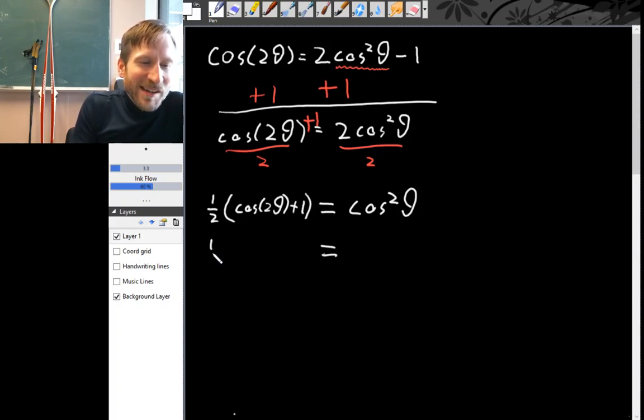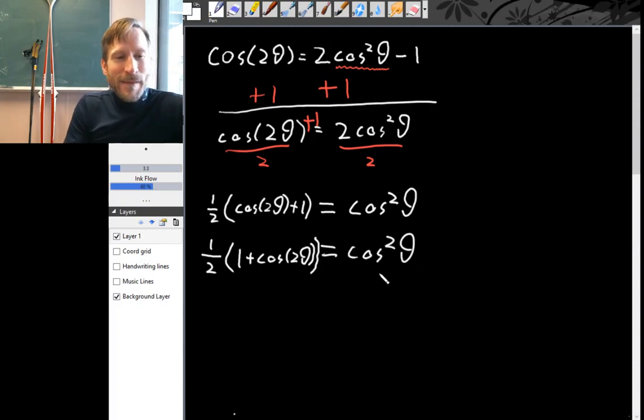Usually I write the 1 first, so 1/2 times 1 plus cosine 2 theta equals cosine squared theta. All right, so this identity is useful in calculus, but until you get to calculus, it's actually not that useful, I don't think.